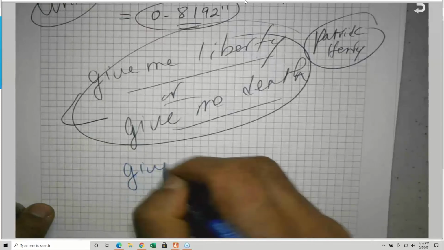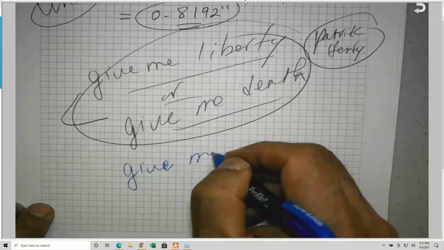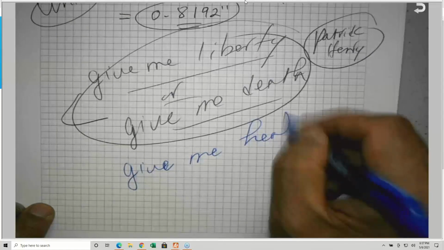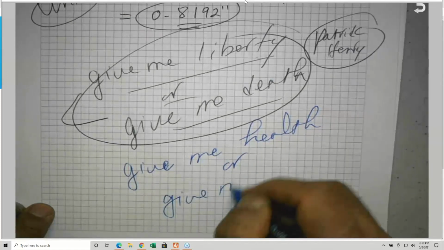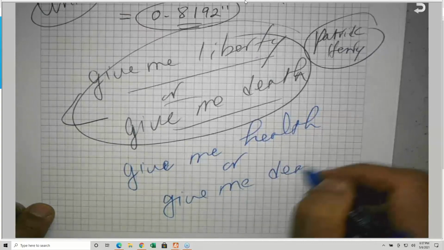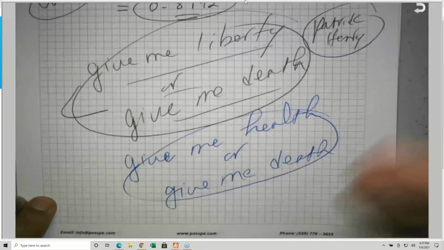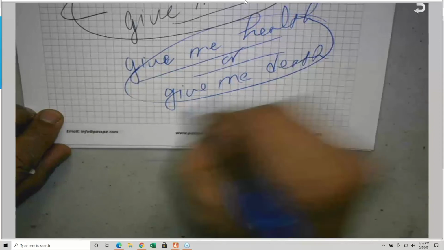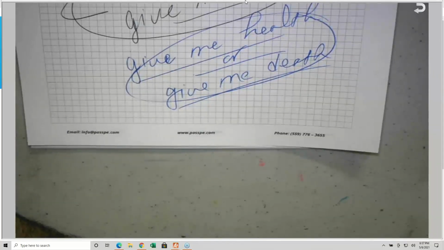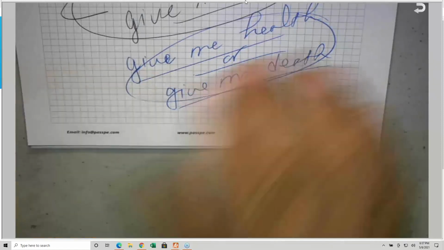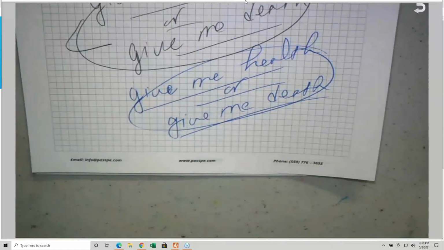I said, give me health or give me death. Because I don't like to be sick, sickness is not good. So let's stay healthy, and when the moment of death comes, I need it to be sudden, just very quick. Give me health or give me death.